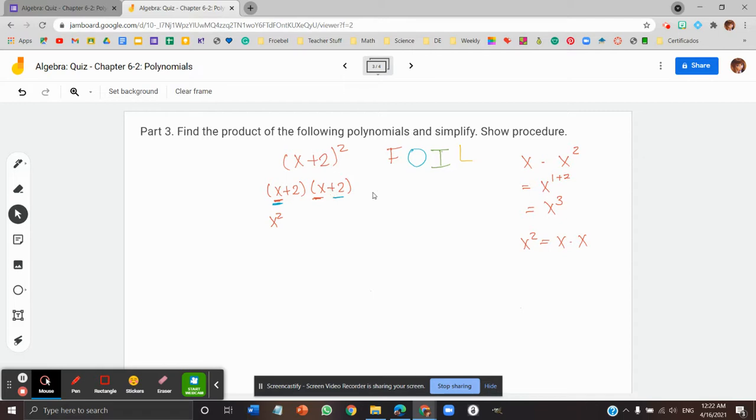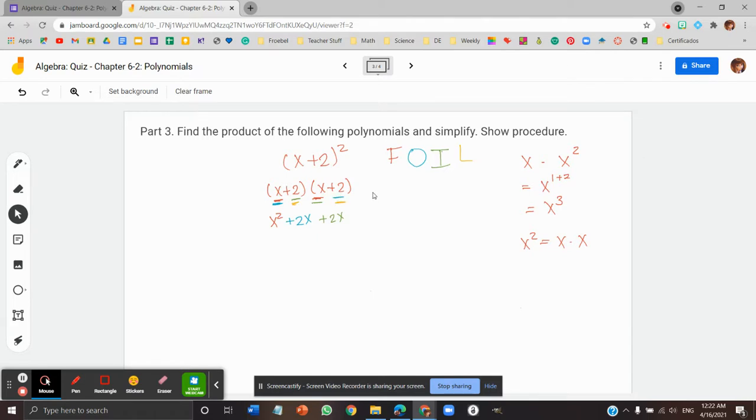X times 2 will be 2x. Then it says that I can multiply my inner, the ones that are on the inside, right? 2 times x again is 2x. And for the last one, it says I can multiply my last two terms.